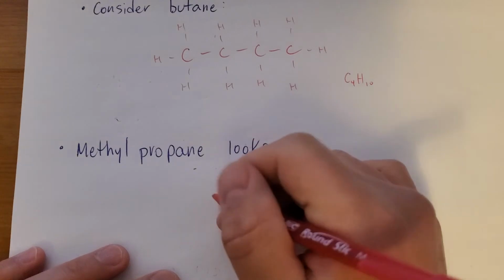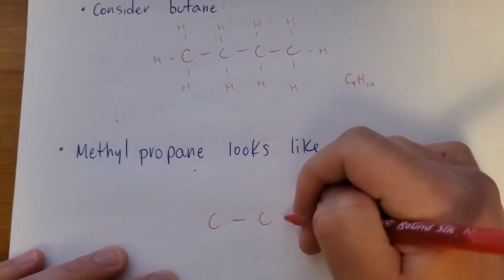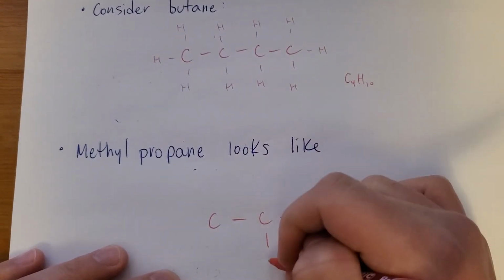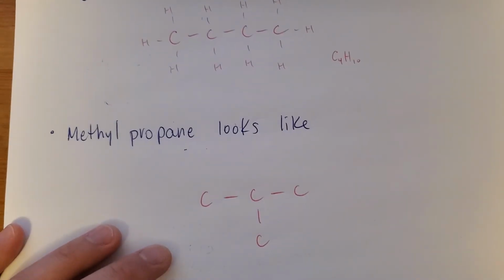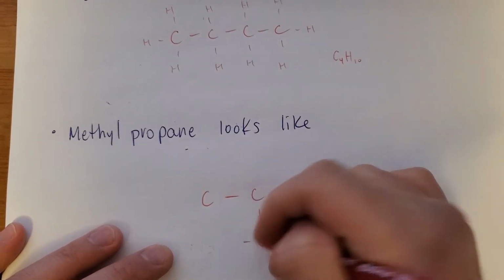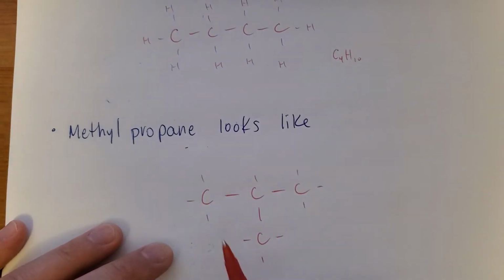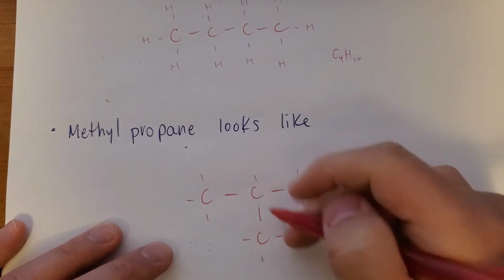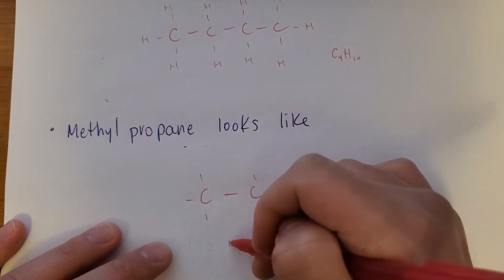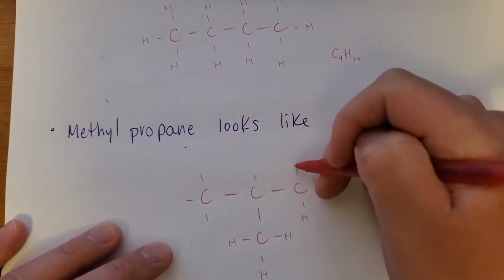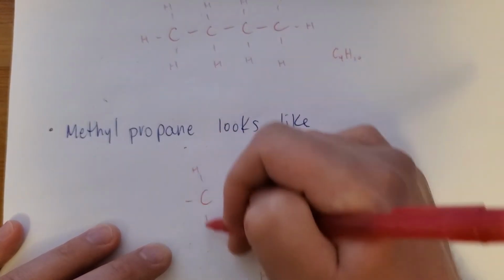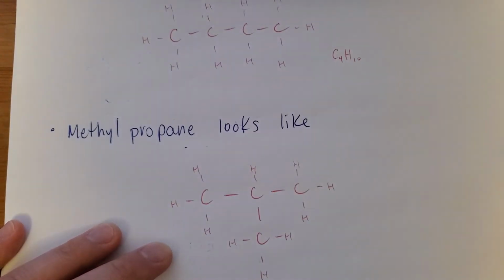Methylpropane, which you don't know how to draw yet, but that's part of today's lesson. It has an inner structure of carbons arranged like this, and it is saturated, so every carbon has 4 bonds. Put H's at the end of them. Count them up.